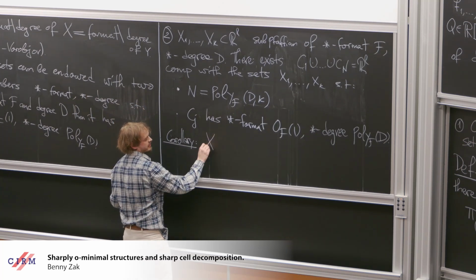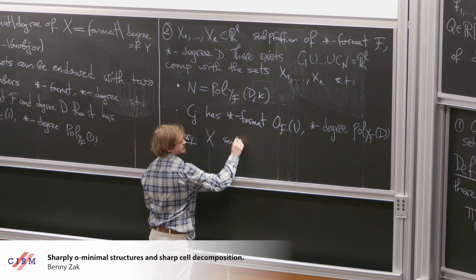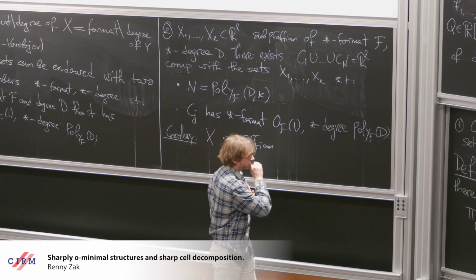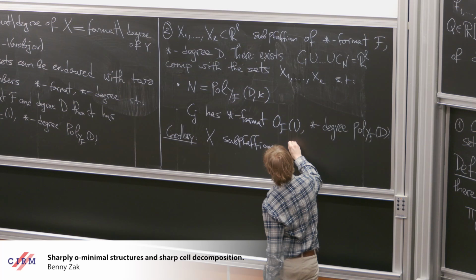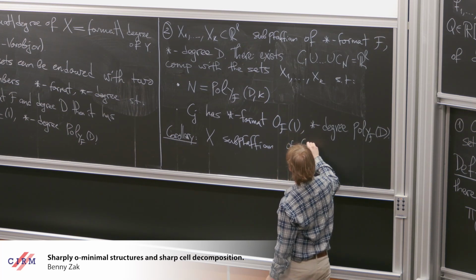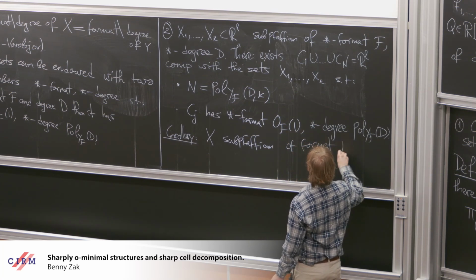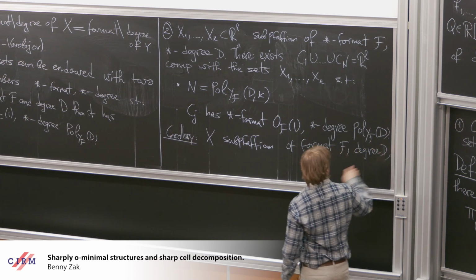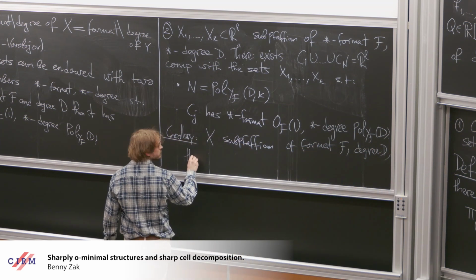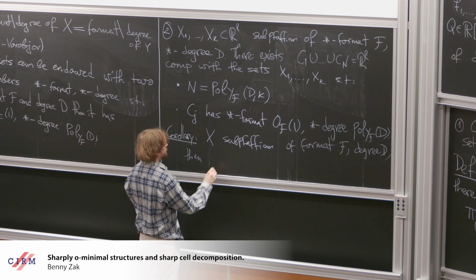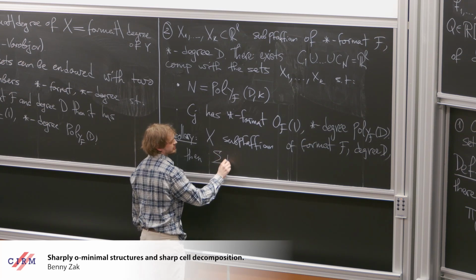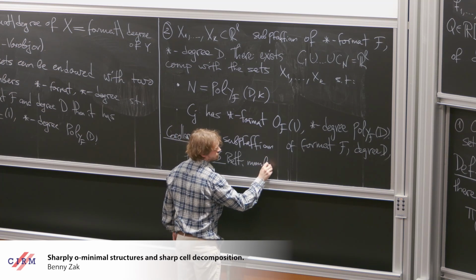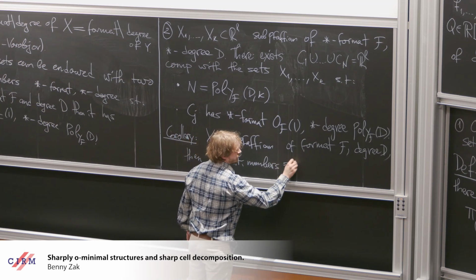So if X is subpfaffian, not of star format and star degree F and D, just of format F, degree D, then the sum of Betti numbers is smaller than or equal to poly(F, D).